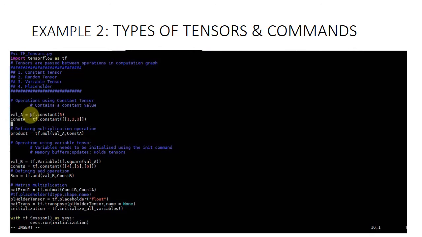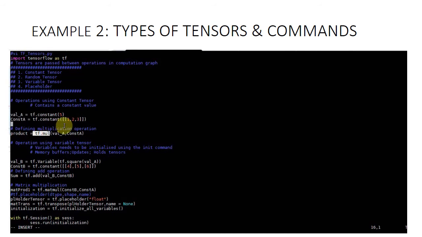The first part, value_a = tf.constant(5), will create a constant tensor. const_a = tf.constant([1, 2, 3]) will again create another constant tensor with these tensor values. This is a scalar value and this one is a vector. This line will create a node called product with the operation tf.mul.